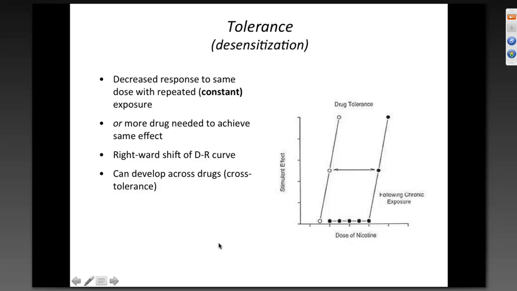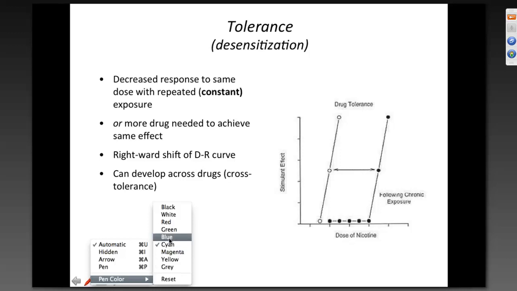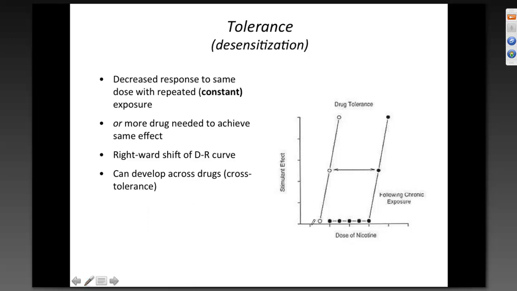All right, and this is just an example of the graphing of what desensitization would look like. We still have the dose on the x-axis, and the effect on the y-axis. The idea here is that this was our original dose, where getting up to whatever this horizontal line is, it looks like about half of the effect.